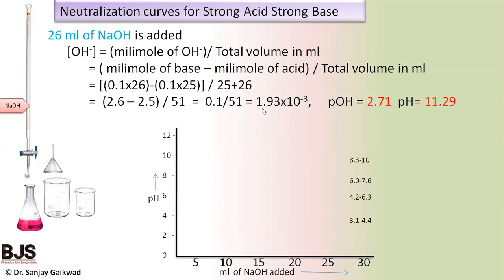And this ratio becomes 1.93 into 10 raised to minus 3, and therefore the pOH of the solution is equal to 2.71, and so the pH of the solution is 11.29. This means that at 25 ml of addition, the pH of the solution is 7, but when we add 1 ml of NaOH, a sudden increase is observed in the pH.